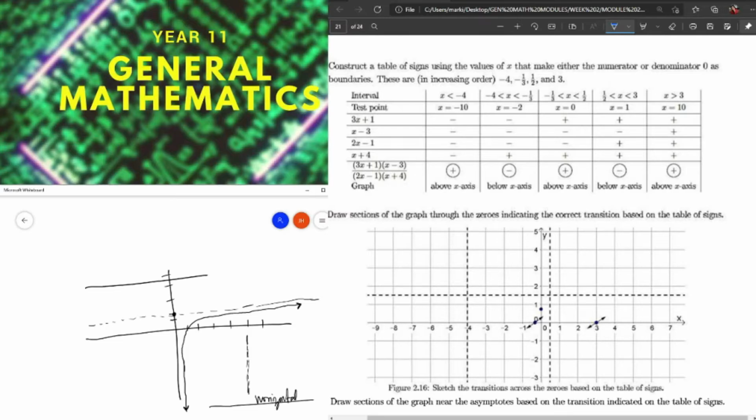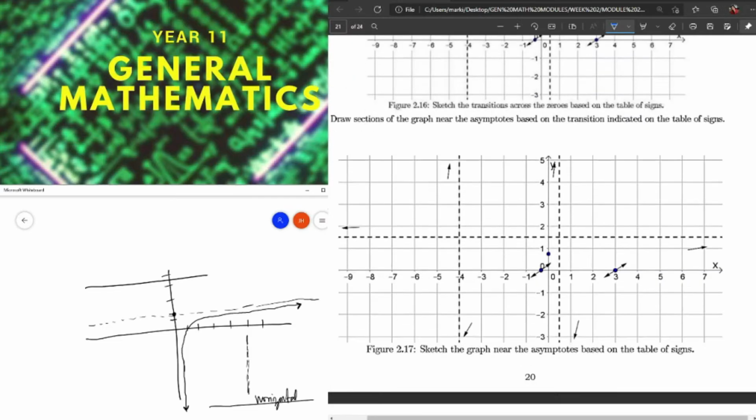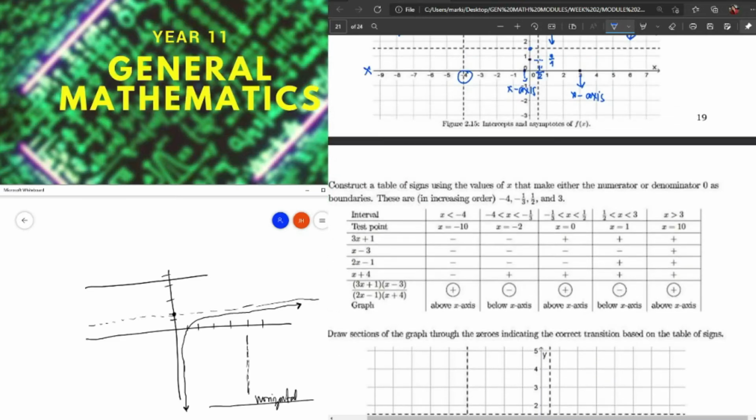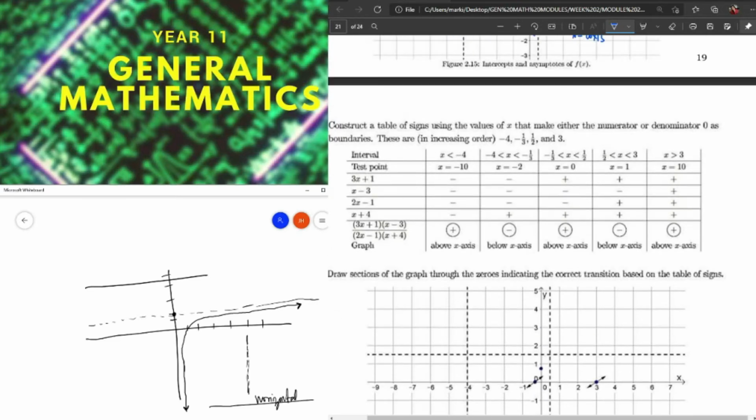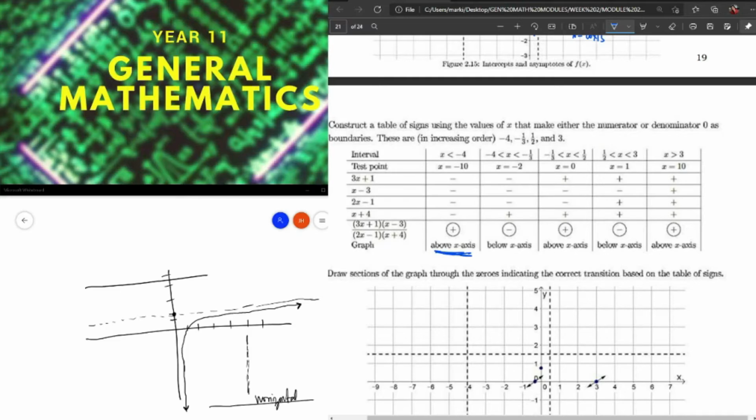As you can see here in your module, page 20, when you have a positive sign, it means that it is above the x-axis. So the graph will stretch above the x-axis. In this limitation, where x is greater than -4 but less than -1/3, the graph is below the x-axis.